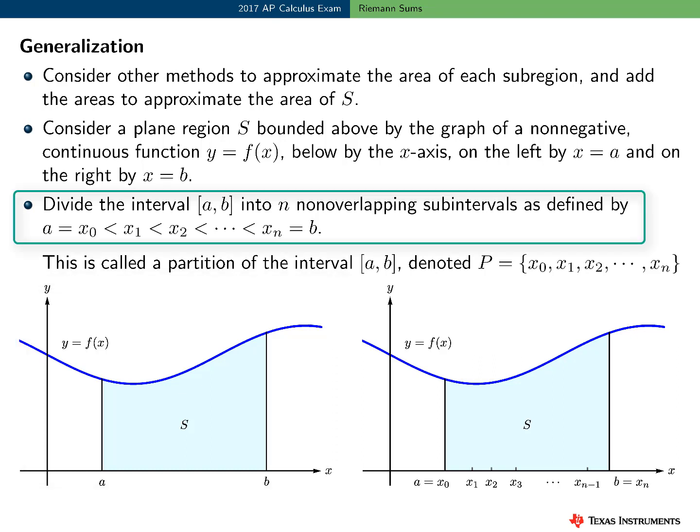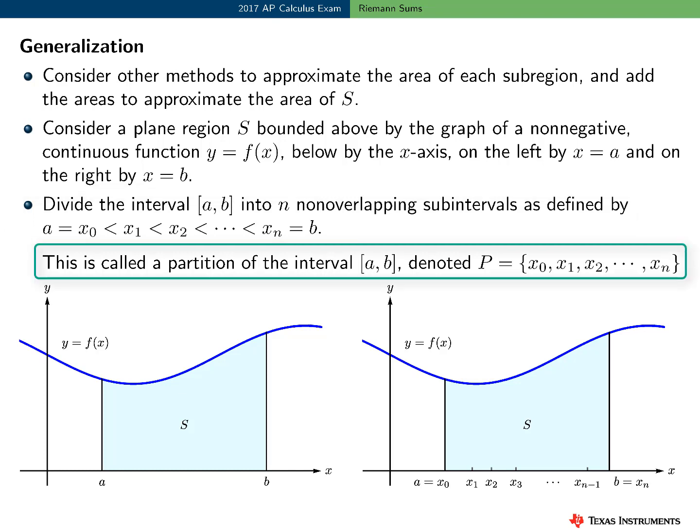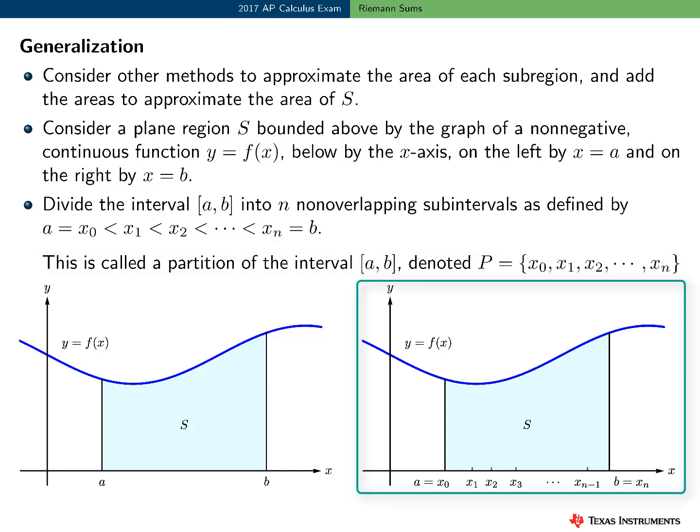Divide the interval a to b into n non-overlapping subintervals as defined by these values. This is called a partition of the interval a to b, and here's how it's denoted. This is a visualization of the partition P. Again, we've divided the interval a to b into n subintervals.